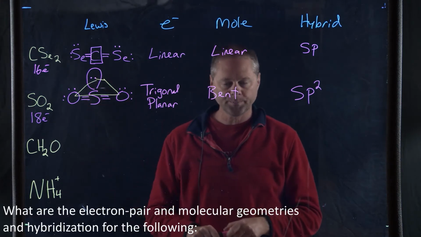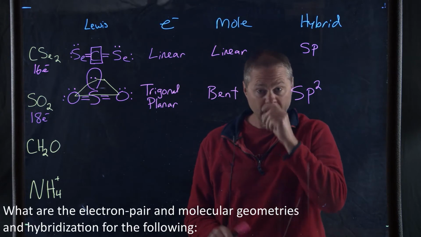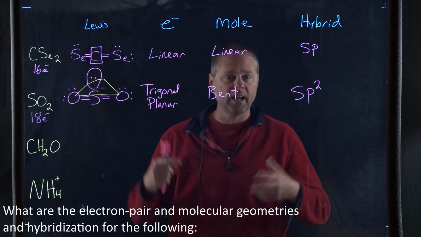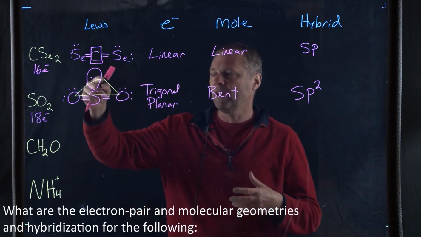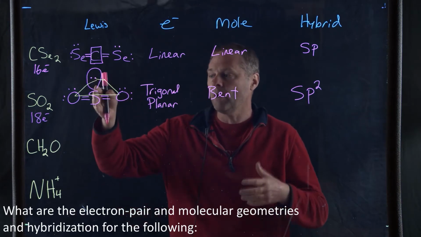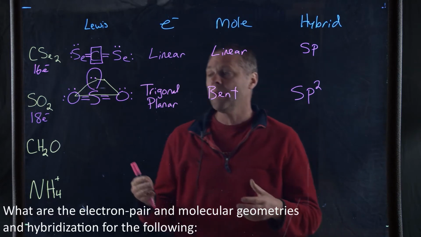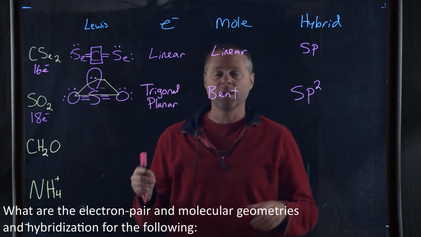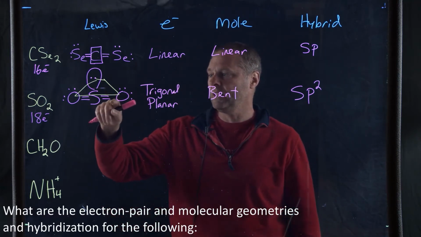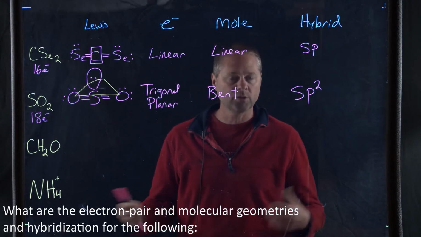Even though that lone pair is not bonding, it still counts as an electron pair. It still counts as something coming off the central atom. Not necessarily bonded, but it is an entity coming off that central atom. And so here will be an sp2, sp2, sp2.